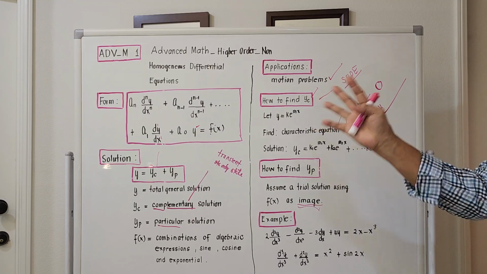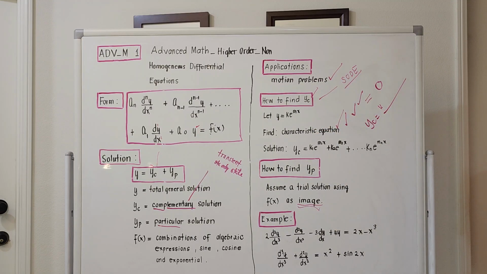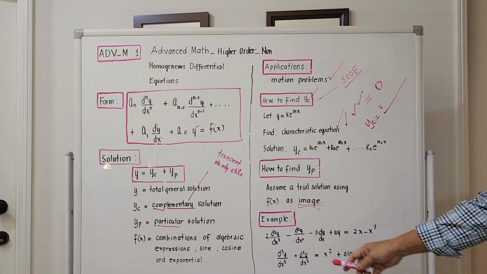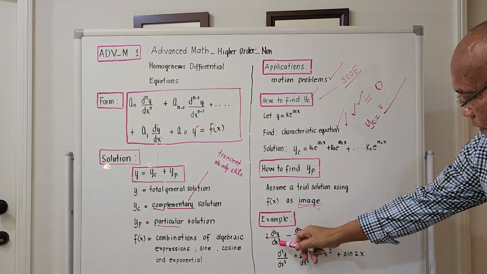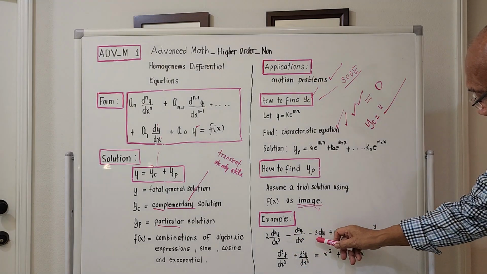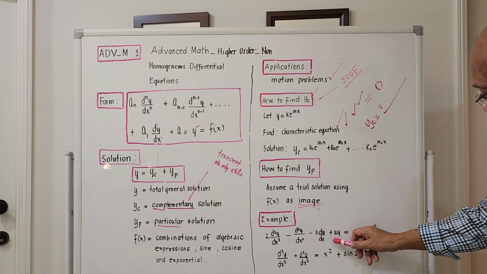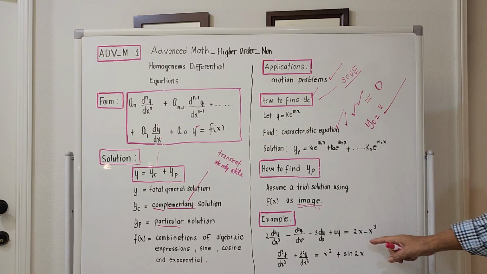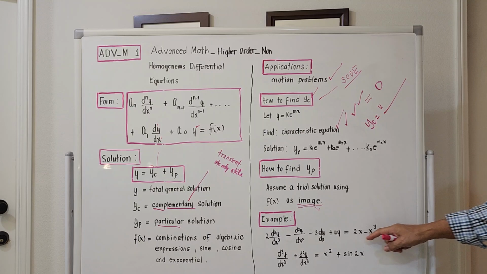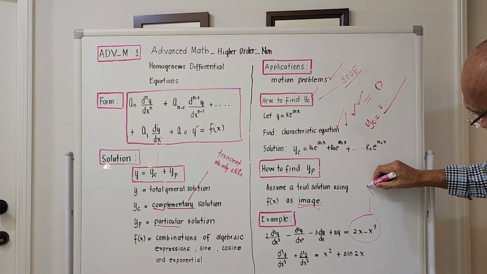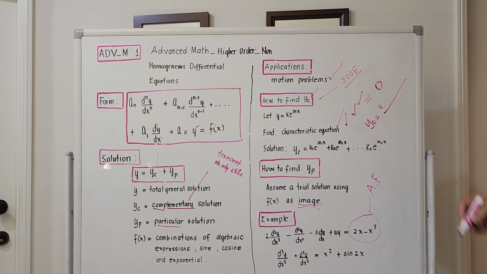Okay, for the last time, an example of a non-homogeneous higher order differential equation is this one: 2 d cubed y over dx cubed minus d squared y over dx squared minus 3 dy/dx plus 4y equals, for it to be non-homogeneous, 2x minus x cubed. As an example, this is an algebraic function, okay?